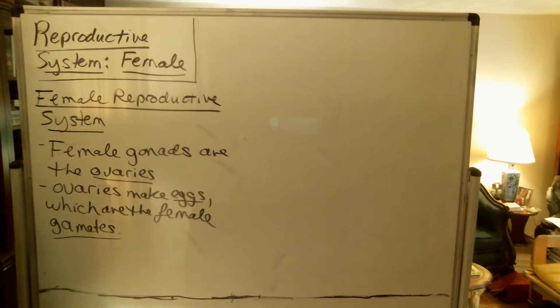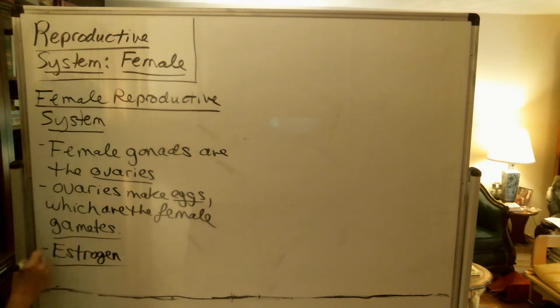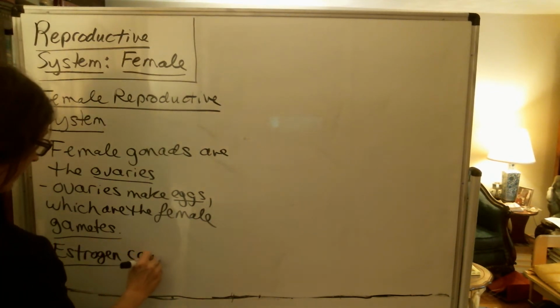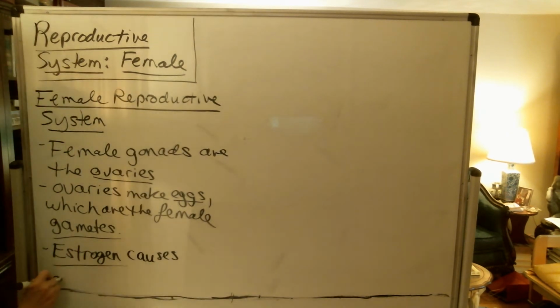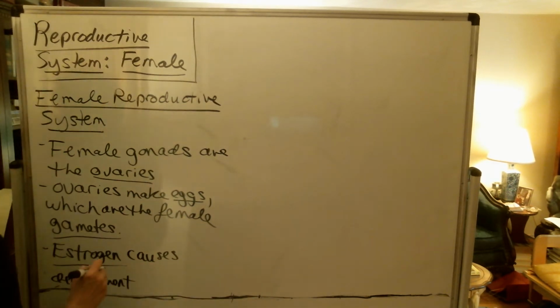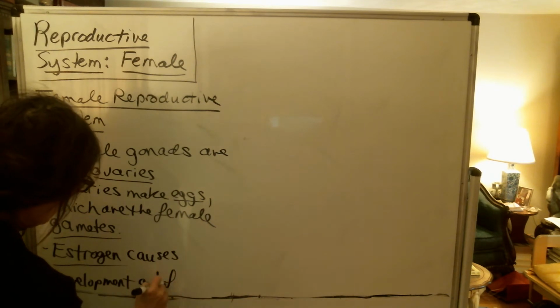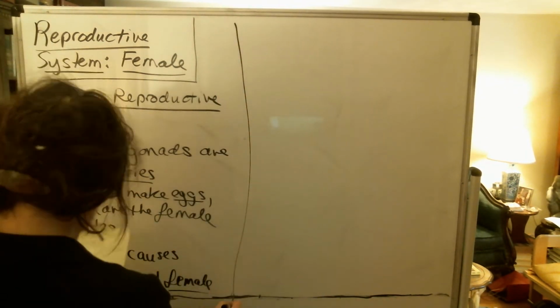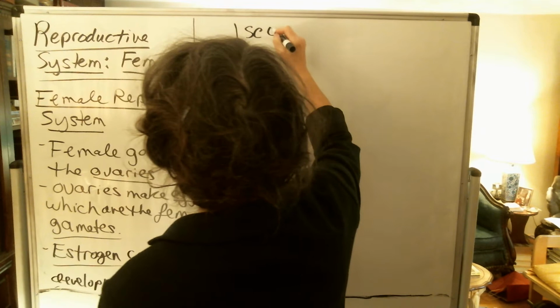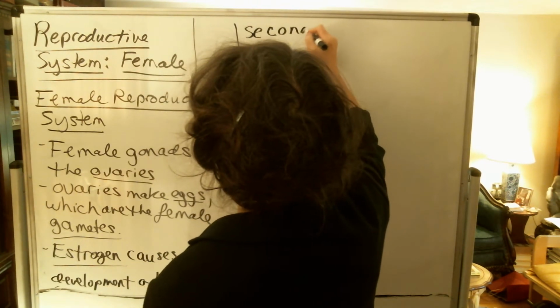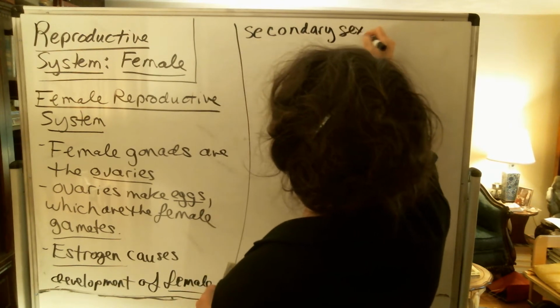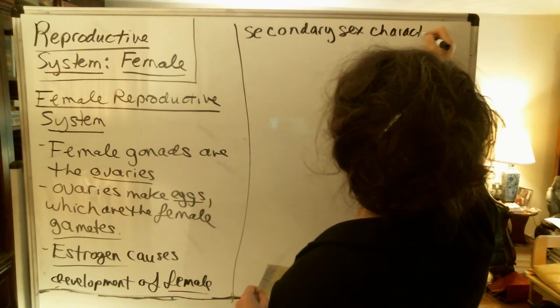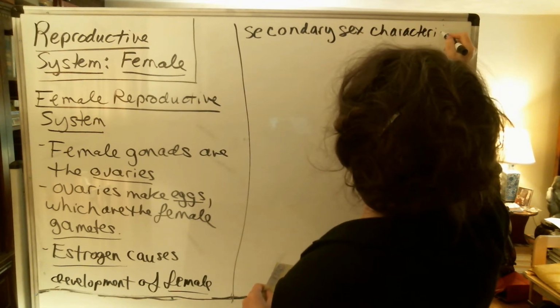You know that. And then the hormone estrogen causes development of what are called female secondary sex characteristics.